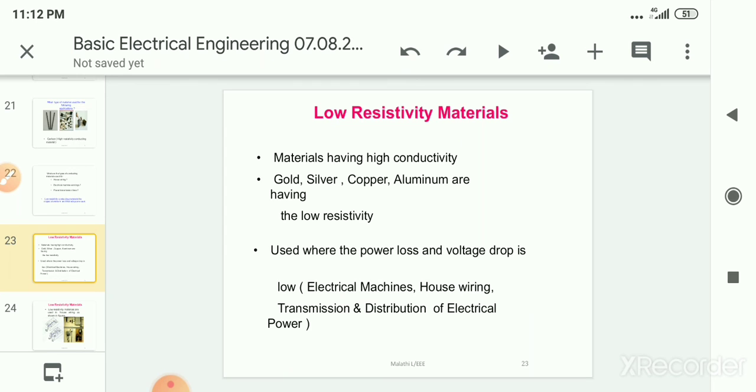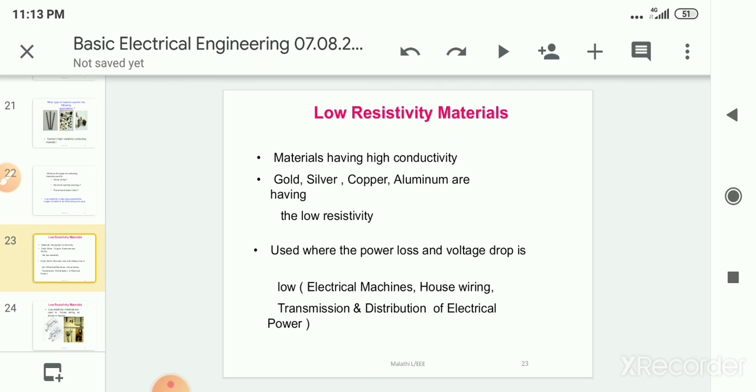So what are these low resistive materials? What is the quality for this? Let's study about low resistive materials. These are materials having high conductivity. Because of that, the resistance is very low. If resistance is less, then conductivity is more.